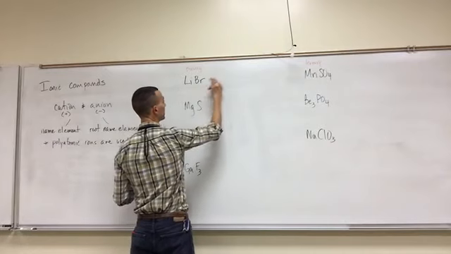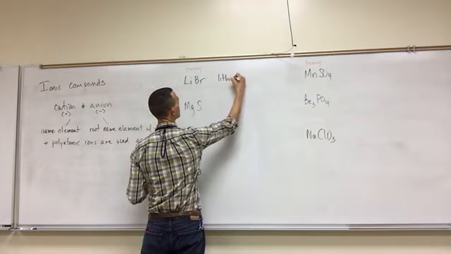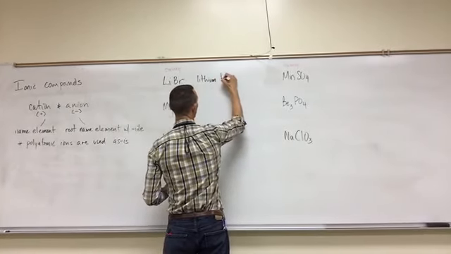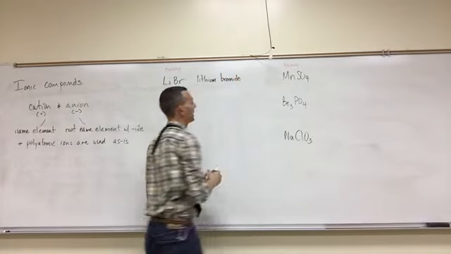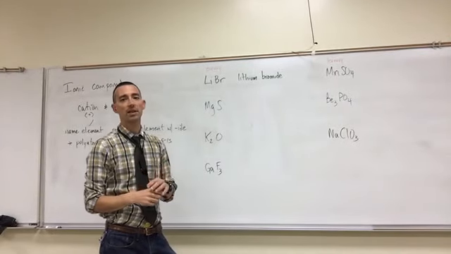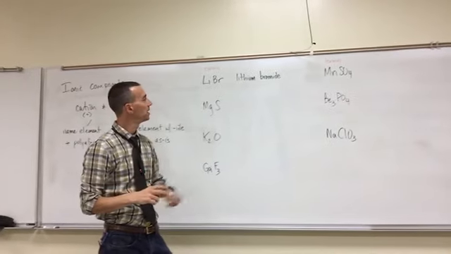In this case, the cation is lithium. So I just used the name lithium, unadulterated. The anion is bromine, and so I'll change that to bromide. Little details, but important nevertheless for communicating correctly in the chemical discipline.